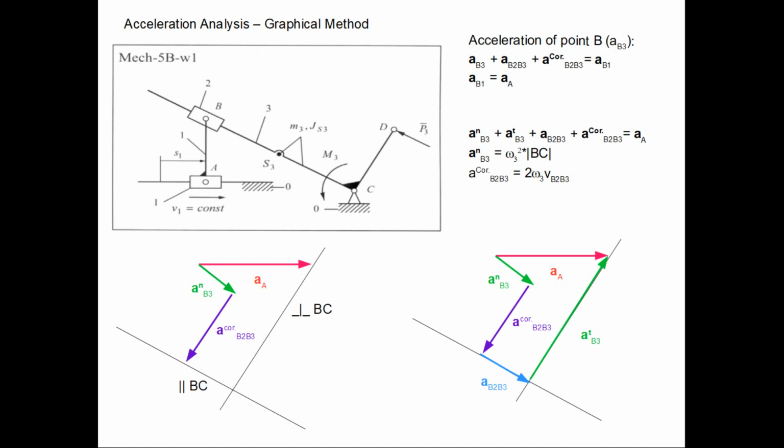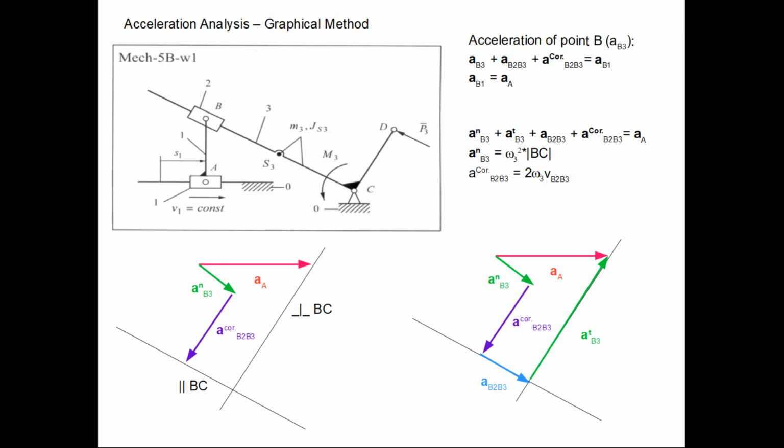So we see that AB1, the resultant absolute acceleration, is equal to AB3 plus AB2B3 plus AB2B3 Coriolis. Why? First of all, AB3 is the acceleration of a point B, which comes from the rotation of rod three. AB2B3 is the acceleration of a slider in a relative motion with respect to the rod three.